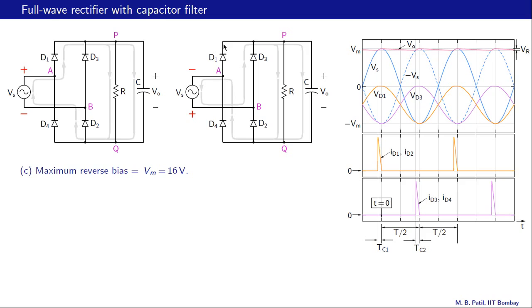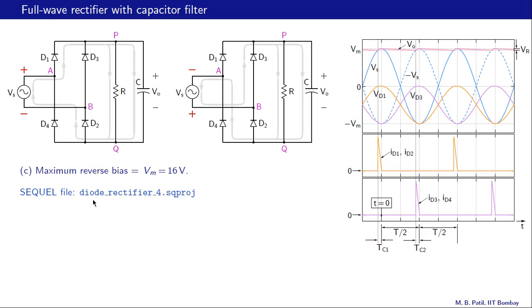So the negative end of D1 is at node P, and the positive end is at the same potential as node Q. So the difference between P and Q, which is Vm, appears across D1, and that of course is a reverse bias because Vp is higher than Vq. So that's how we get the maximum reverse bias across D1. It happens to be Vm, and that is 16 volts. And that is true also for the other diodes.